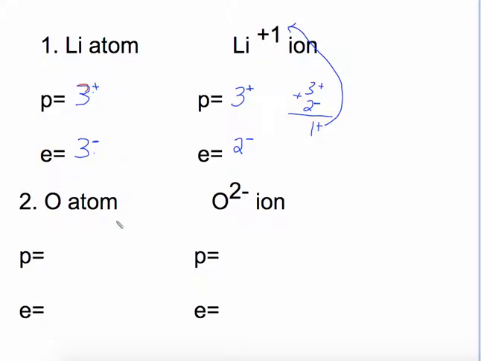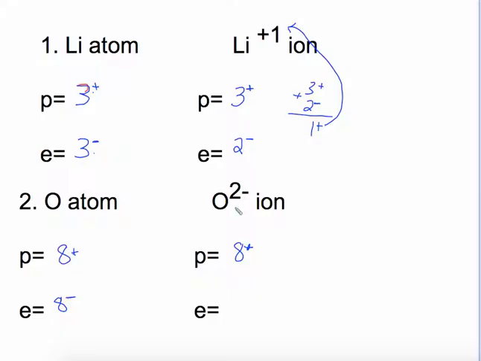Okay, let's look at a negative ion like oxygen, but let's start with the atom first. Oxygen has 8 protons because it's atomic number 8, so 8 positive charges. The atom also has 8 electrons. So 8 positives, 8 negatives, that makes a neutral atom. Now, when oxygen becomes an ion, the protons don't change. 8 positive charges.